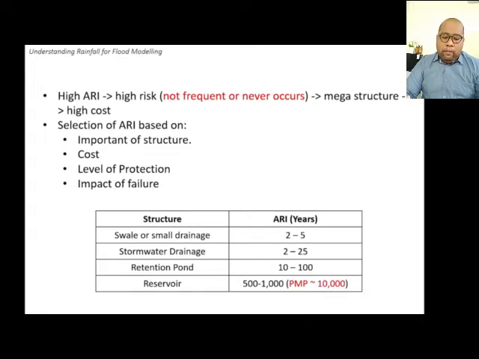And then we select based on the cost, level of protection, and impact of the failure.